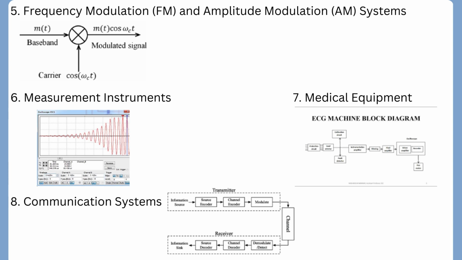Twin-T oscillators are incorporated in measurement instruments for precise frequency generation, aiding in the calibration and testing of other equipment. Seventh is medical equipment. In medical electronics, such as ECG machines, twin-T oscillators are used to generate stable frequencies for signal processing and analysis. And the last one is communication systems. They are employed in various communication devices and systems to generate carrier signals and for frequency synthesis.